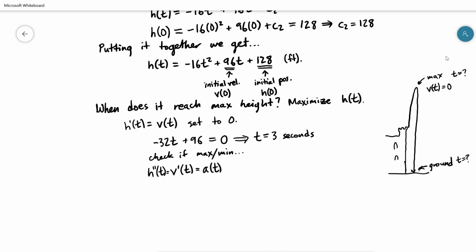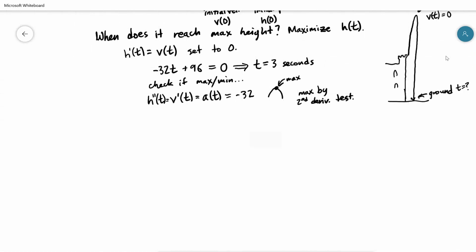And the acceleration we already found is negative 32. We know it's negative. If it's negative, we get a sad face, and that means that we're dealing with a max. So we've got a max by the second derivative test. Okay. Good.